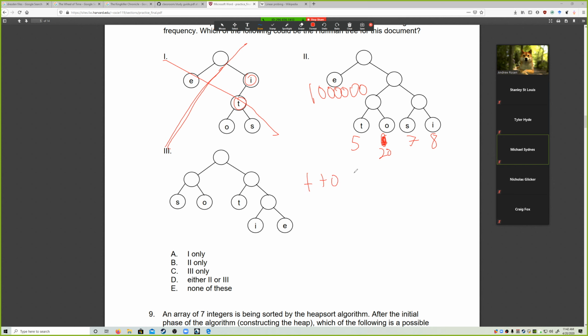T plus O has to be less than S plus I. And we also know that T is less than O, less than S, less than I. We also know that S is less than I, which is less than T plus O. That is the inequality that is trying to be solved here. Does that make sense to everybody as to why this has to be the case?